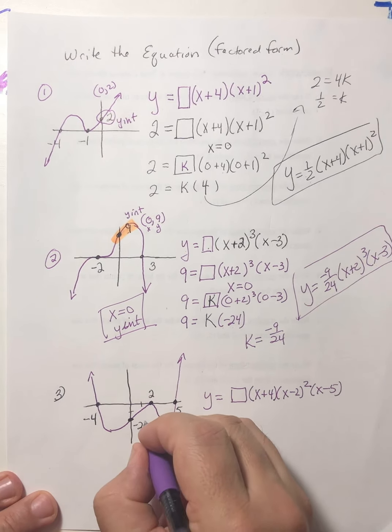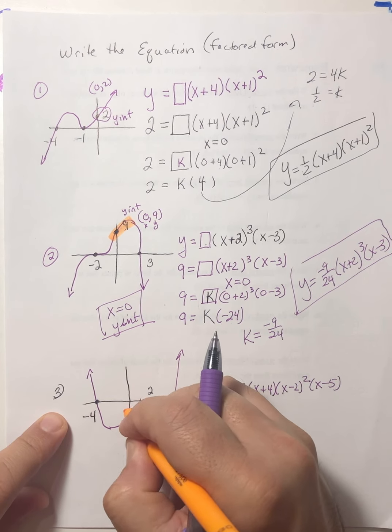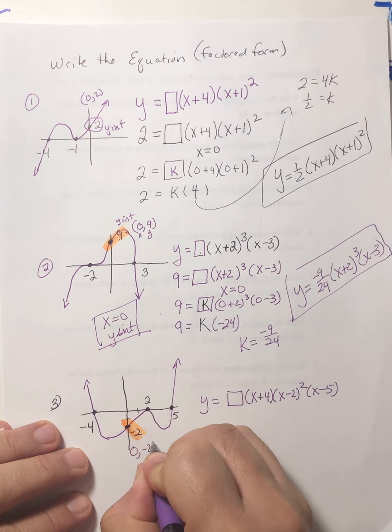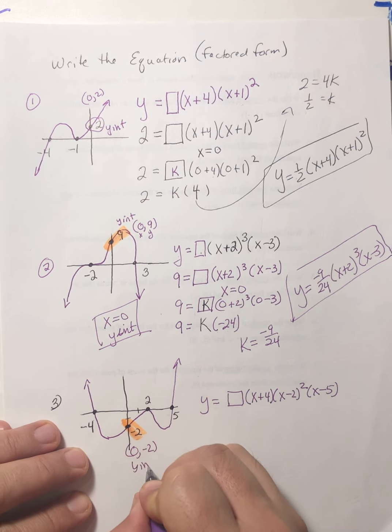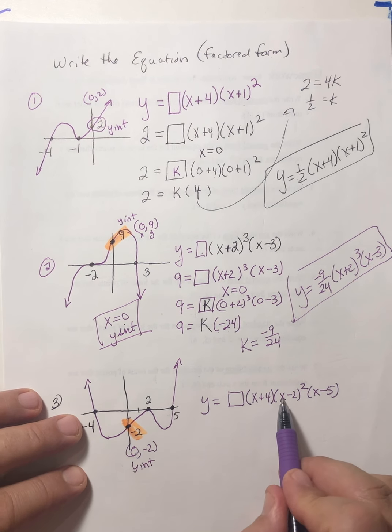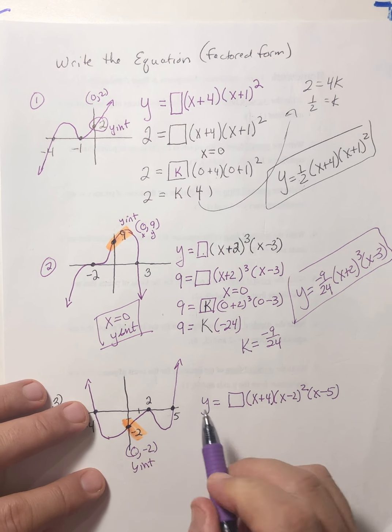Okay, yep, here's your y-intercept. So there's your y-intercept, 0, negative 2 is the y-intercept. So where am I going to put the zeros? That's right, you're going to put the zeros in for the x's, and then negative 2 is the y. I'm going to put the negative 2 in for y.